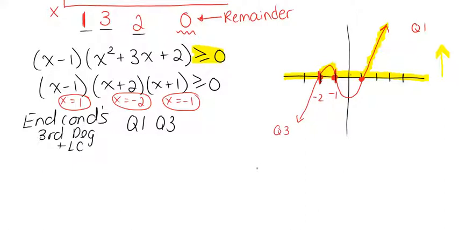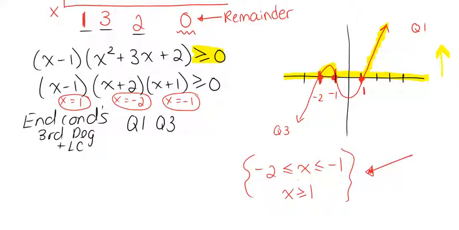So when x is greater than or equal to -2 and less than or equal to -1, my function will be positive. And also anywhere 1 and bigger, it's going to be positive. So when x is greater than or equal to 1. All of these values make my function greater than or equal to 0. So this right here would be my actual answer.